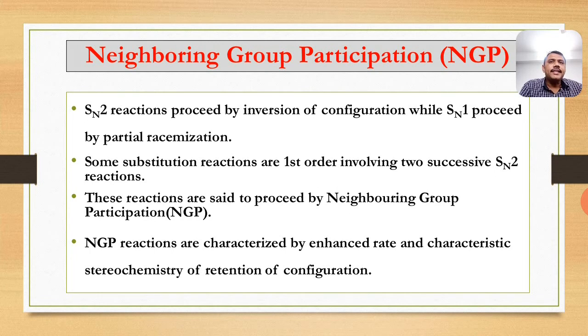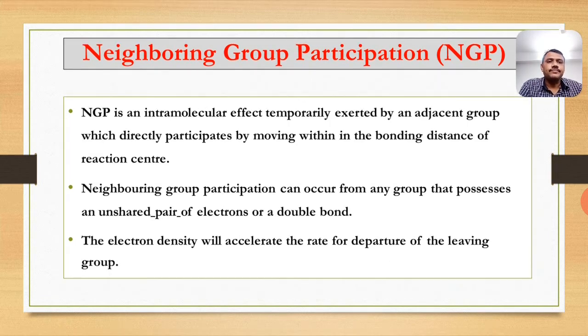As the migrating group goes back to its original position, no rearrangement happens in NGP. The NGP reactions have an enhanced rate, and regarding stereochemistry they show 100% retention of configuration.